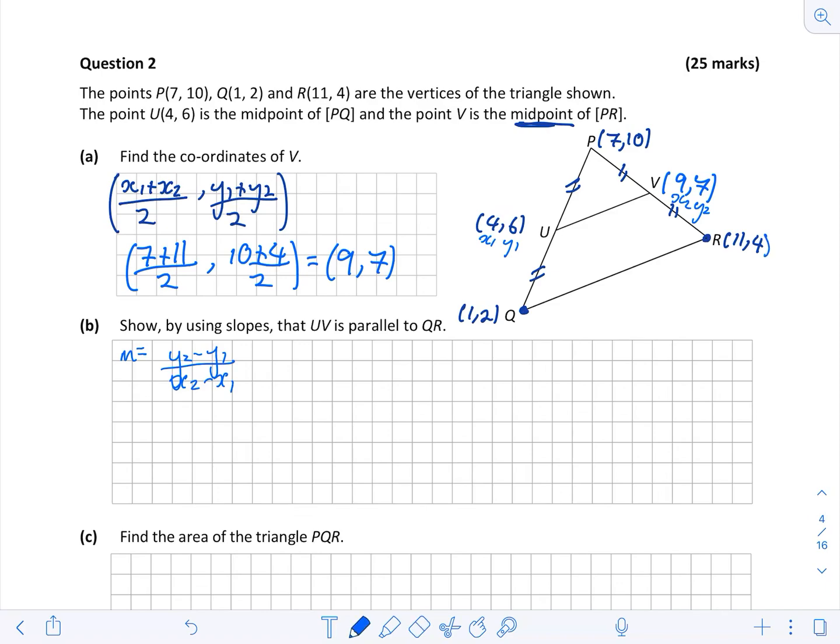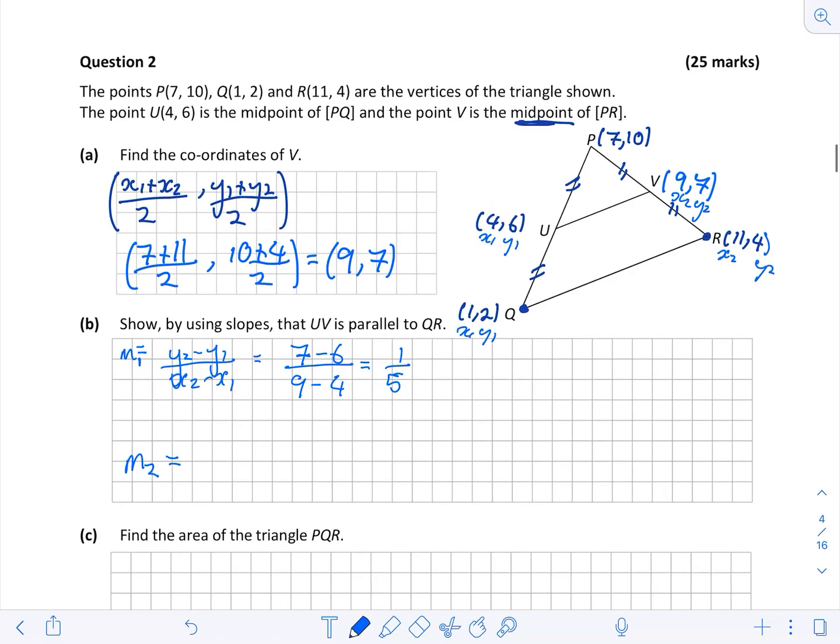Right, so we're going to have 7 minus 6 all over 9 minus 4, which is equal to 1 over 5. And I'm going to call this m1 for the first slope. And now we're going to take a look at m2, the second slope, and that's going to be x1, y1, x2, y2.